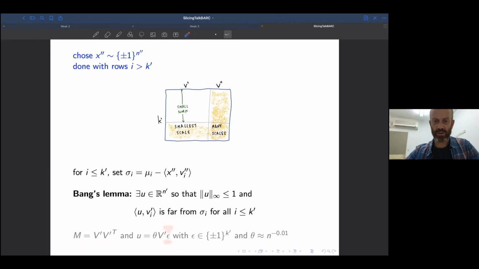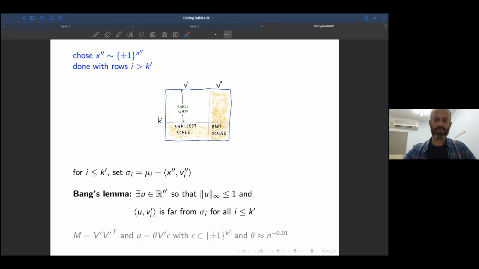So this is a vector in n-dimensional space. What is the property of this vector? If we multiply v prime by this vector, we get a number that is far from sigma I. This is just Beck's lemma, verbatim, with things moved around.